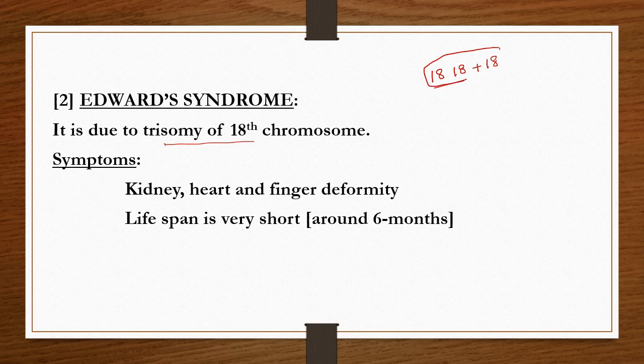So trisomy of the 21st chromosome causes Down's syndrome, but trisomy of the 18th chromosome causes Edwards syndrome. The symptoms of this syndrome are kidney, heart and finger deformities. Lifespan is very short, around 6 months. That means they cannot survive.